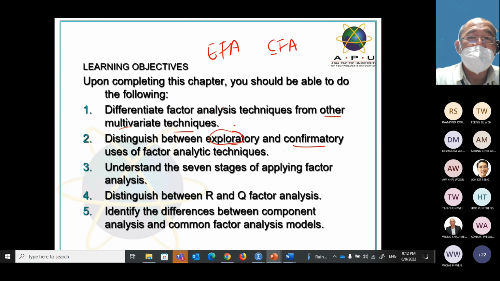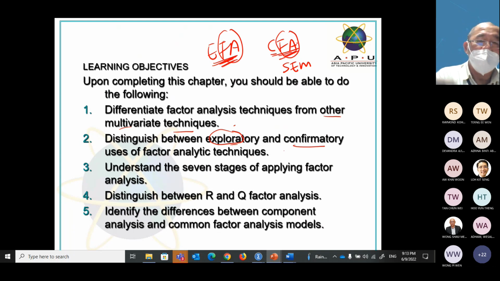We see CFA later in the SEM chapter. Now we see EFA first. Both are factor analysis, but we see EFA first and CFA later in the last chapter.